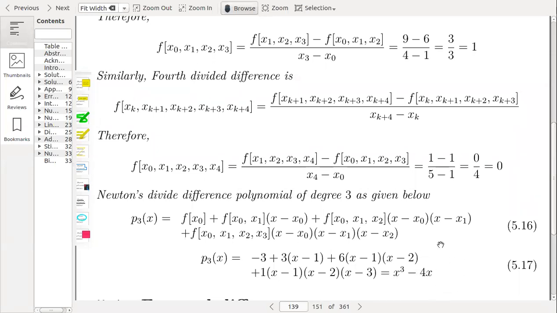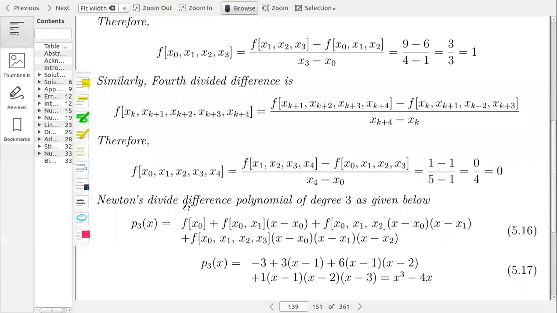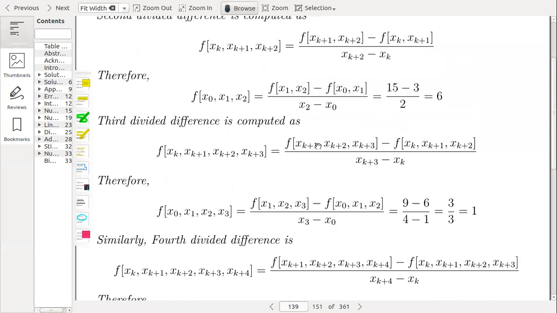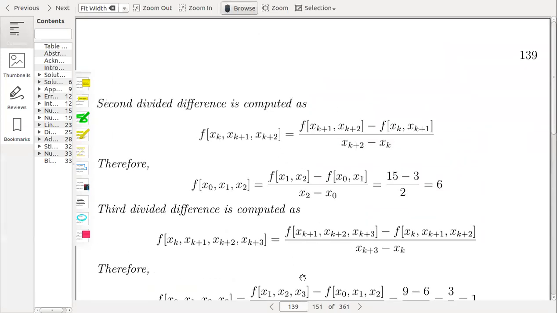So it means you have actually verified the given polynomial. That is the polynomial of degree 3. If we use Newton's divided difference, we construct the same polynomial which was given to us. So that is how the divided differences work.